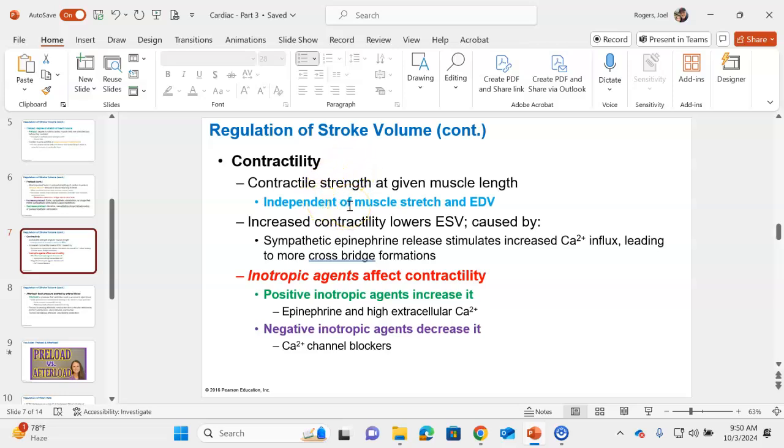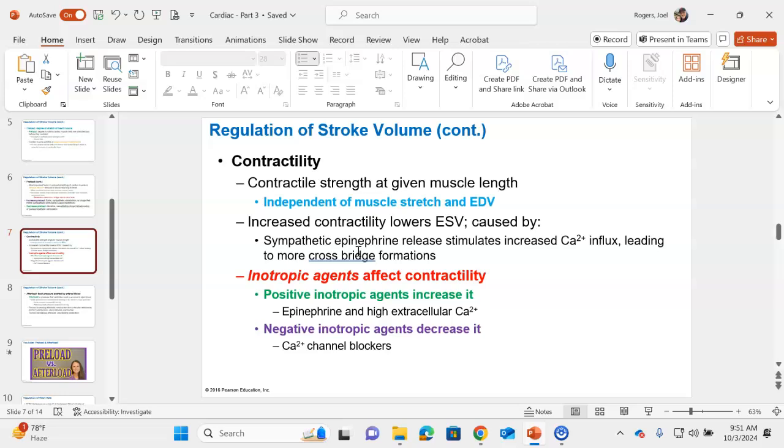Now, contractility is generally going to be something that's affected by calcium levels. So if calcium levels are increased in the blood, that's going to cause the ventricles to contract with more force, again, regardless of how much they're being stretched.